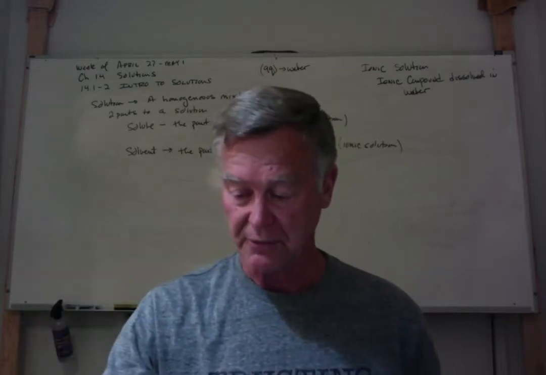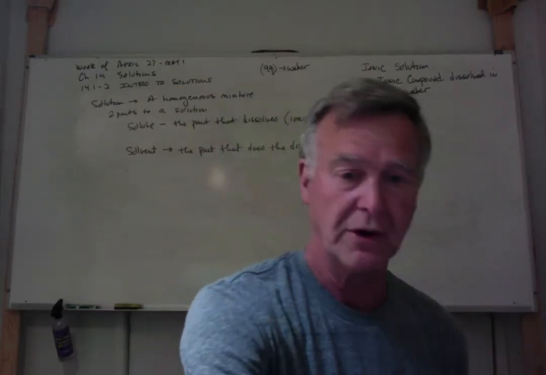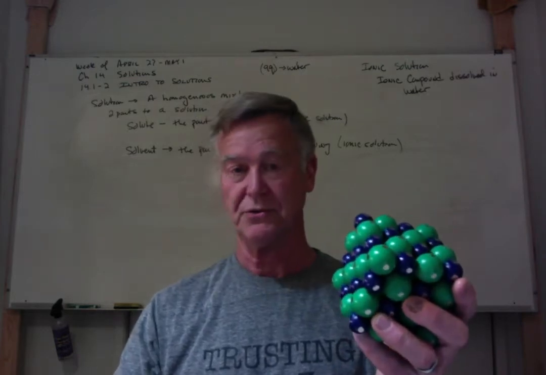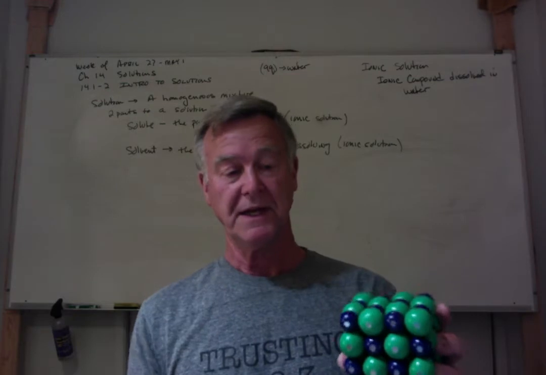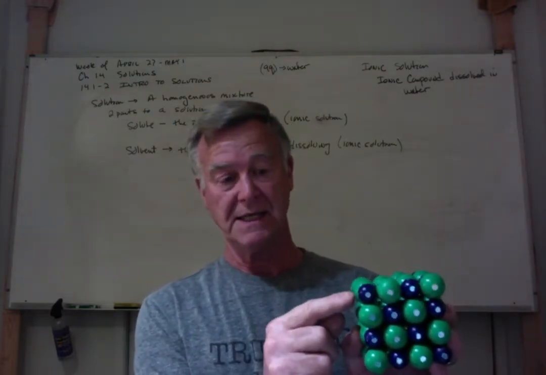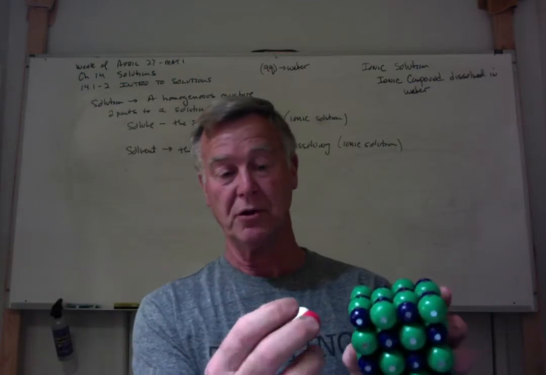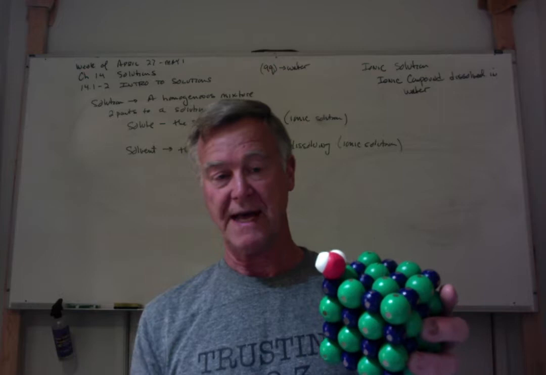In fact, let's do that right now. What's going to happen is this. If you remember, this represents salt, and these are water molecules. Salt, the blue is sodium, it's a positive. The chlorine is negative. And this is the negative end of a water molecule. If this comes over here, that water molecule will attach to that.